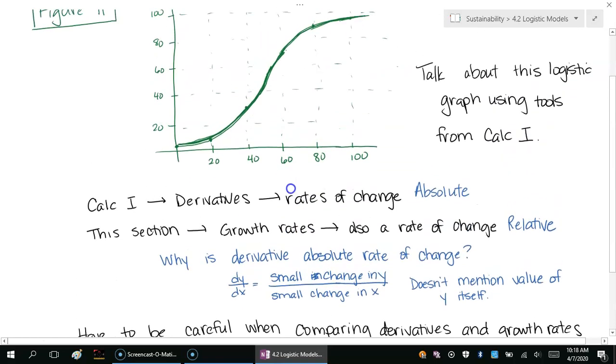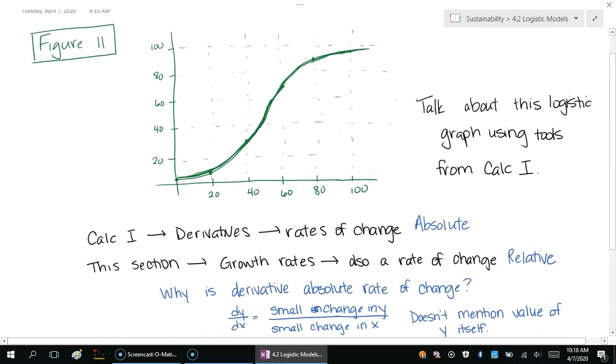At t equal to 20, if I want to know what my derivative is, what my absolute rate of change is, I can approximate it using a graph by sketching the tangent line. So if I draw my tangent line, it's going to look something like this. And I want to approximate the slope of the tangent line. Remember, that's what a derivative is.